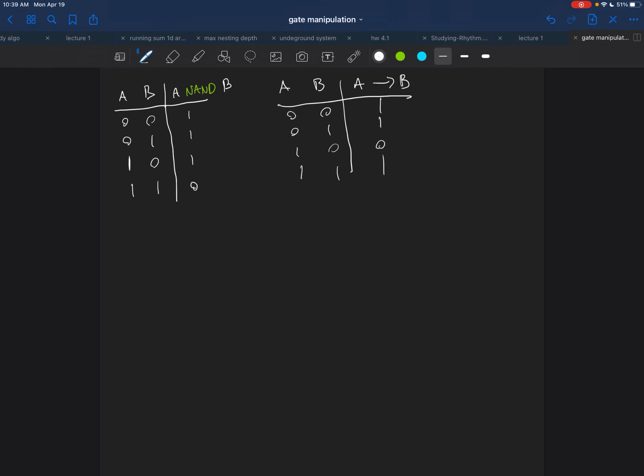Now the truth table for A implies B, if you took discrete or proofs, you have to look at A implies B as a whole statement. It's basically saying if B is not true and A is true, this whole statement falls apart.